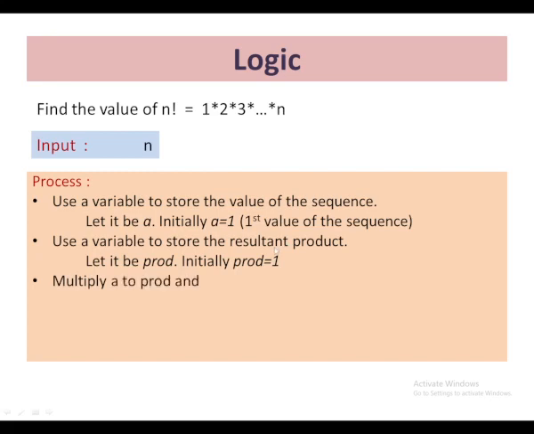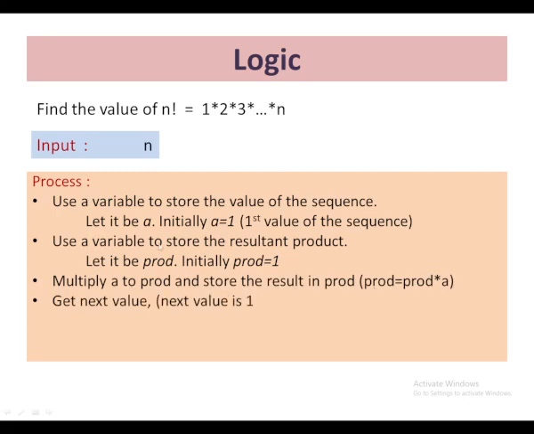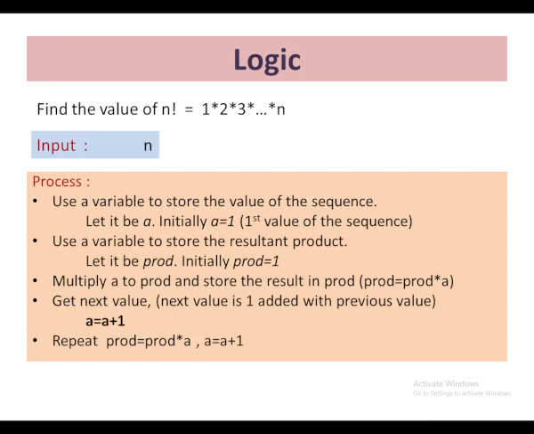Next, I multiply a to the product and store the result in the product, so product is equal to product into a, and get the next value. It is similar: a equal to a plus 1, and then you repeat these two steps until a is greater than n. The final output will be available in the product.